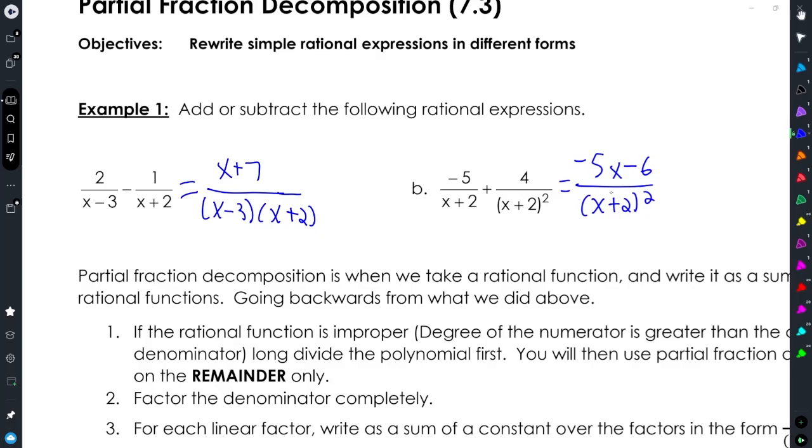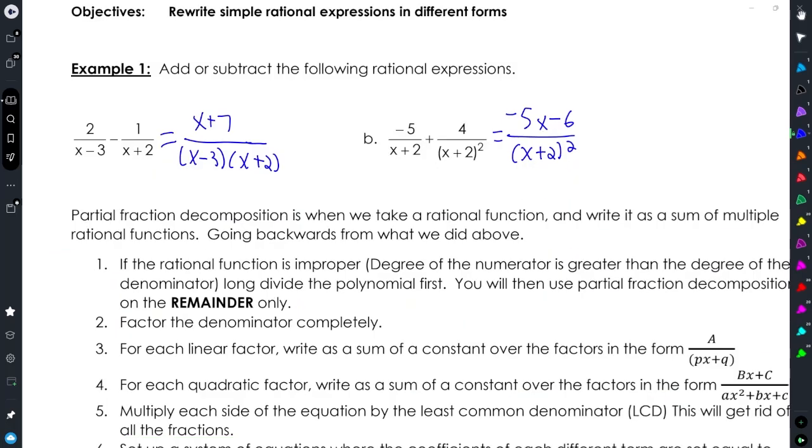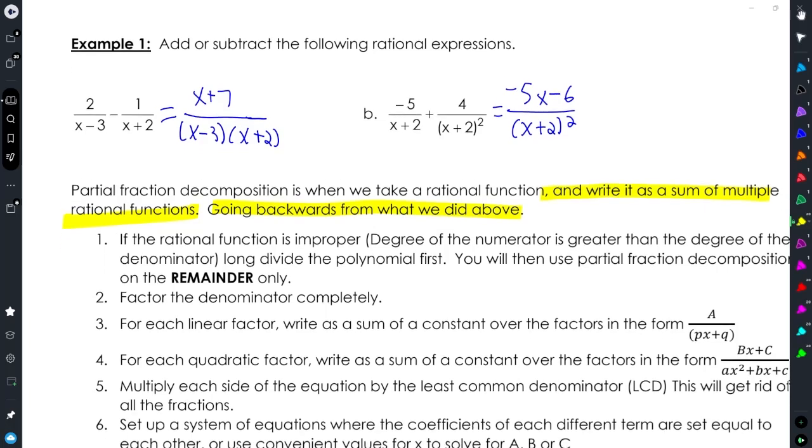What fractions did I add up to get negative 5x minus 6 over x plus 2 squared? Well, I added these two fractions in order to get that. So again, partial fraction decomposition is when we take a rational function and write it as a sum of multiple rational functions, essentially going backwards from the addition or subtraction.